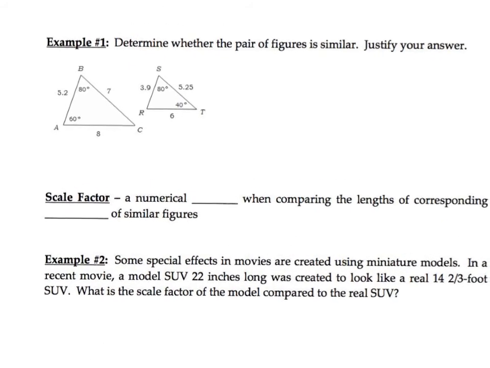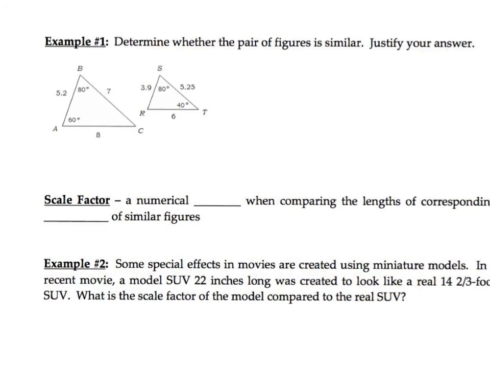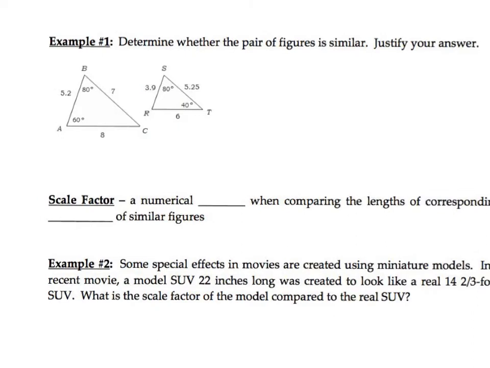So let's do an example. We want to determine whether the pair of figures is similar, and we want to be able to justify our answer. The easiest place to start when determining if a pair of figures is similar is to go with congruent angles. We know the measure of angle B and the measure of angle A in our first triangle, so we need to find the measure of angle C. The measure of the angles in a triangle is 180 degrees, so if I subtract 80 and 60, we get the measure of angle C being 40 degrees.